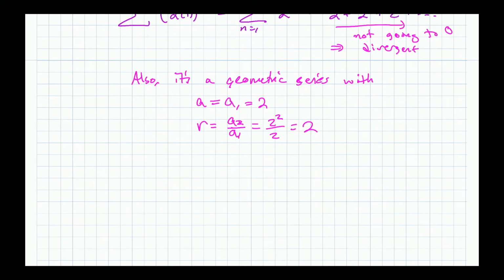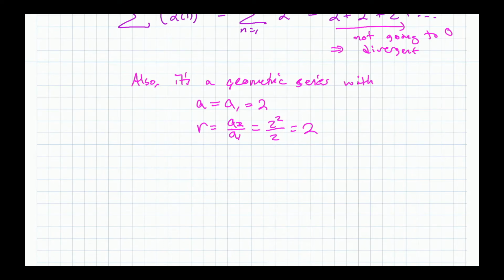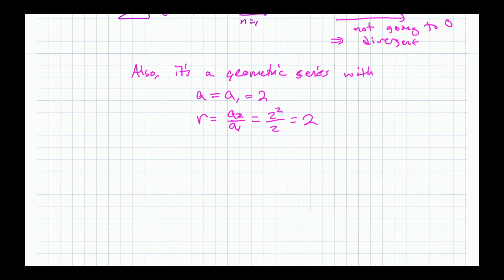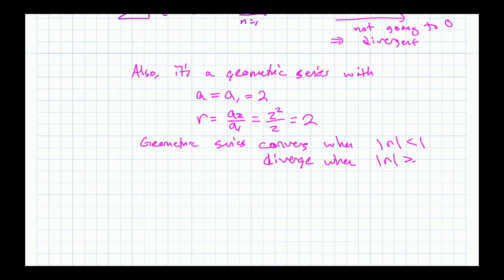And then you know that a geometric series converges when the absolute value of R is less than 1, and diverges when the absolute value of R is greater than or equal to 1, which it is here, because R is 2.